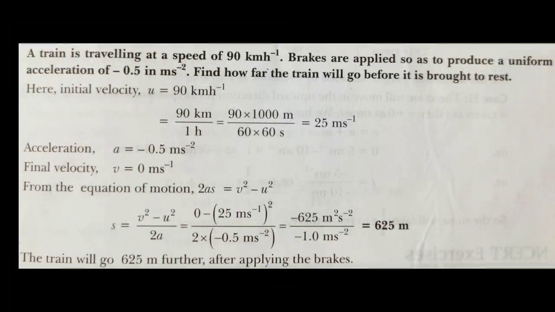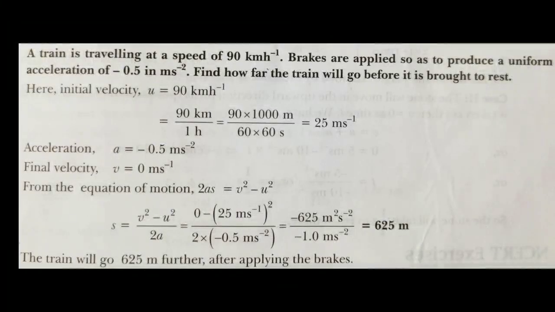Acceleration and v have been given to us, and we have to find s. So we will use the third equation of motion. 2as equal to v square minus u square.